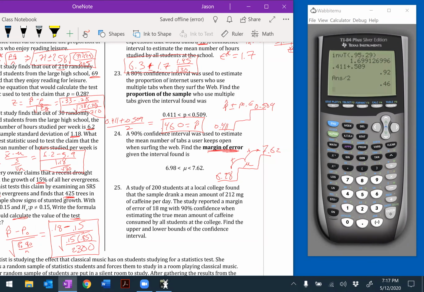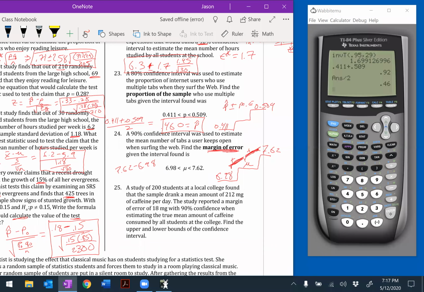First, I go from 6.98 up to mu, and then I go from mu to 7.62. That's what's in the middle here, right? So we could find the middle and then subtract that from either side, or we could just say the difference between 7.62 and 6.98, if I take half of that, that's going to give me my margin of error.